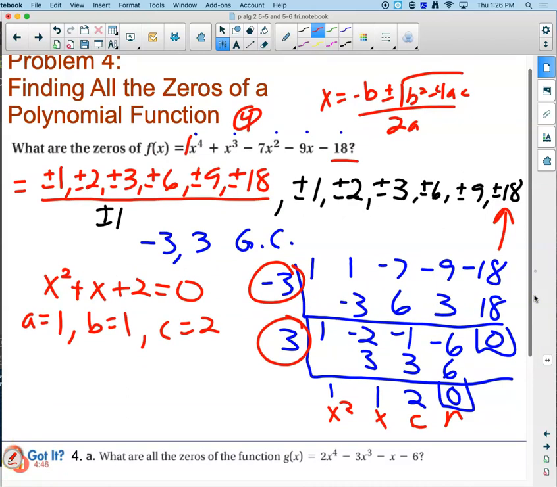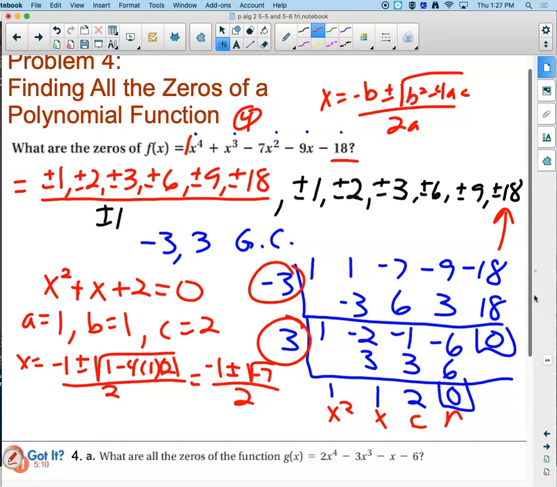You know, the real zeros we can always see. So x equals negative 1 plus or minus the square root of 1 squared, which is 1, minus 4 times 1 times 2, all over 2 times 1, which is 2. Negative 1 plus or minus. Well, 4 times 1 times 2 is 8, and 1 minus 8 is negative 7.